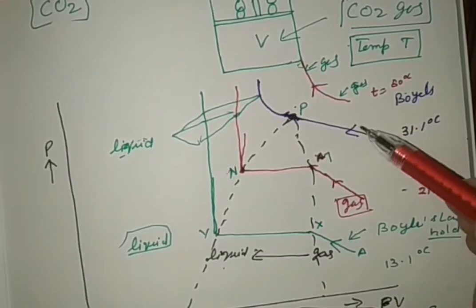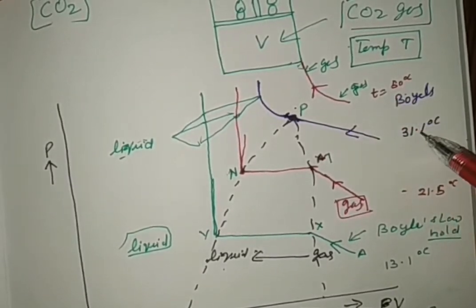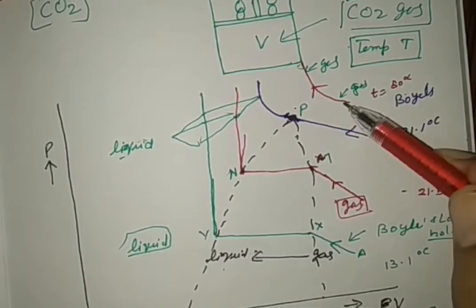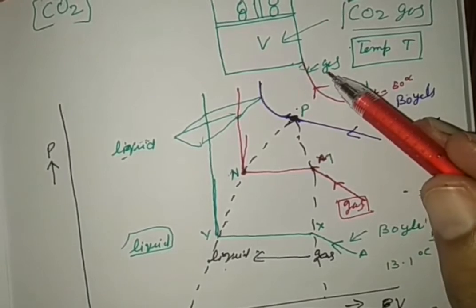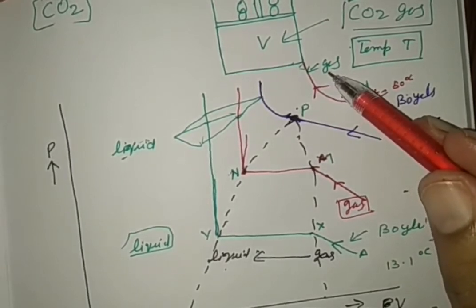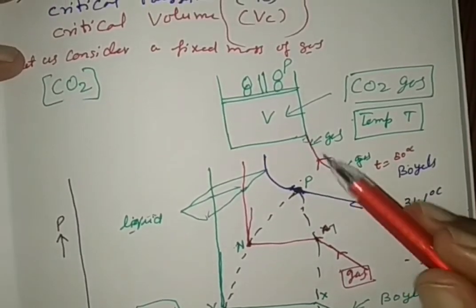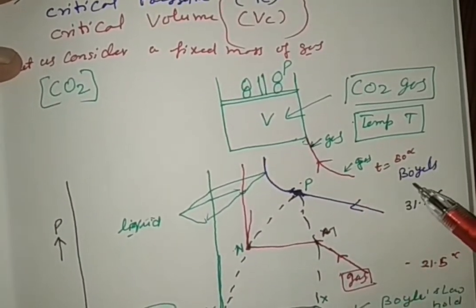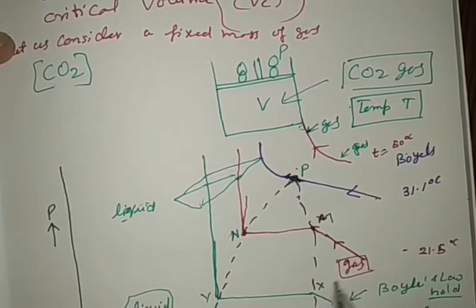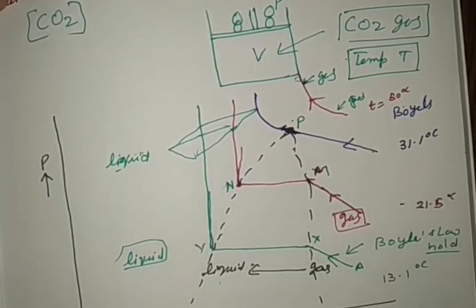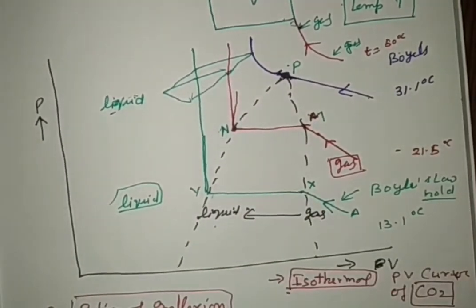But if the temperature of carbon dioxide is more than 31.1 degrees Celsius, even after applying pressure, it will not convert into the liquid state. So it will remain in the gas state and obeys the whole curve under Boyle's law. And only in this part does it obey Boyle's law. So this area is under the liquefaction process.